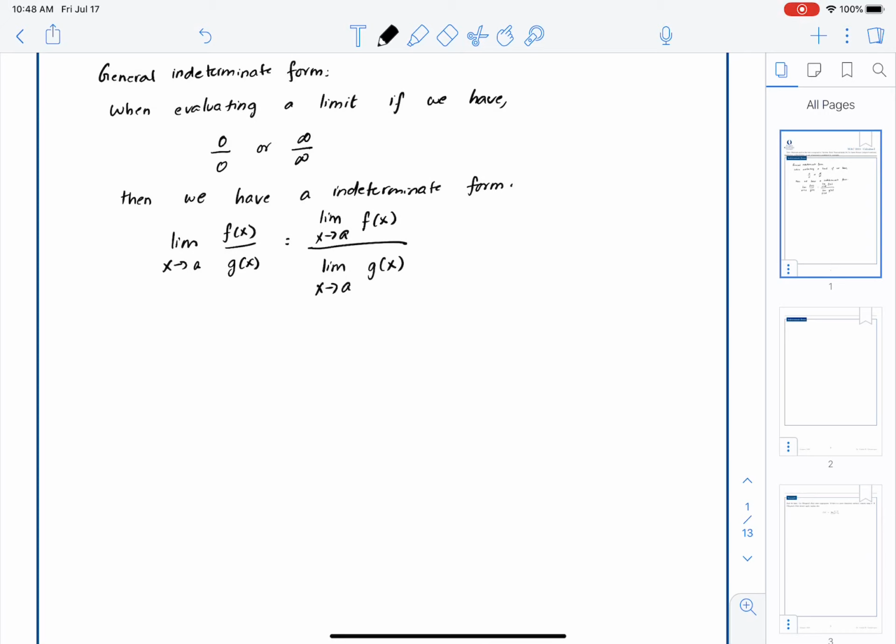And if we know that the limit of the numerator approaches 0 and the denominator approaches 0, then we have 0 over 0. So that would become a standard indeterminate form.